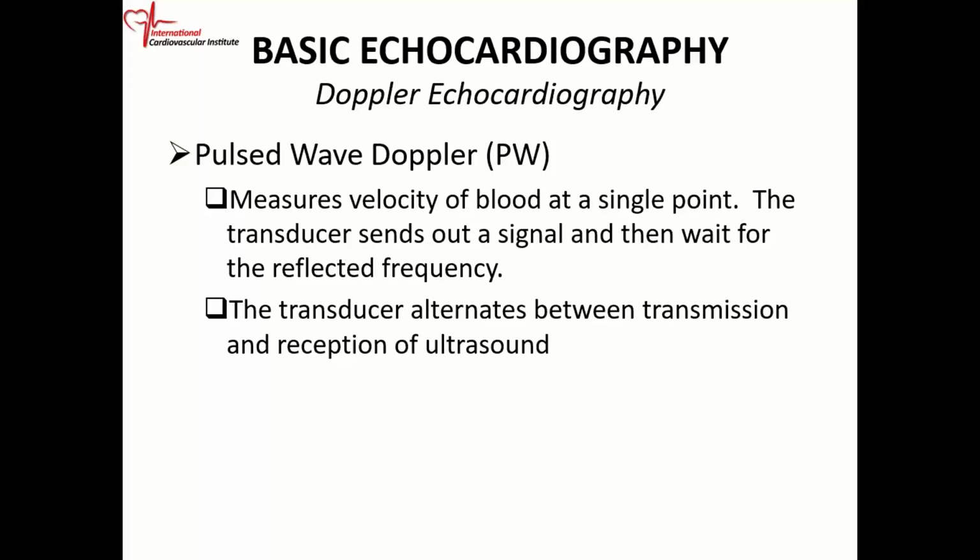That is how pulse wave Doppler operates. It sends out the ultrasound in pulses. It's not a continuous thing. So it sends out a pulse, say 3 pulses, and then waits a little bit for the reflected echoes. So the transducer itself is alternating between transmission and reception.